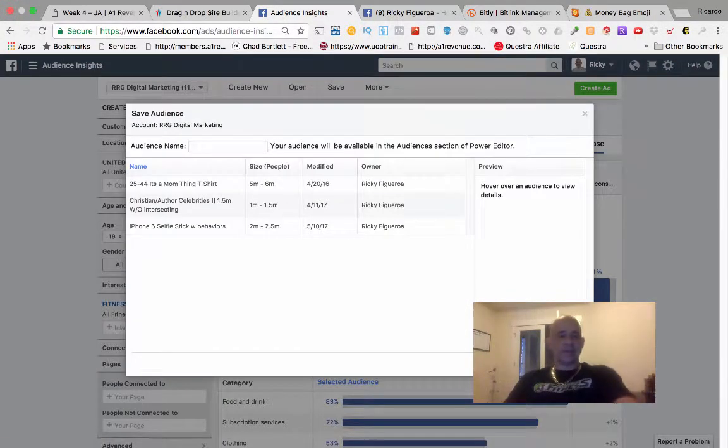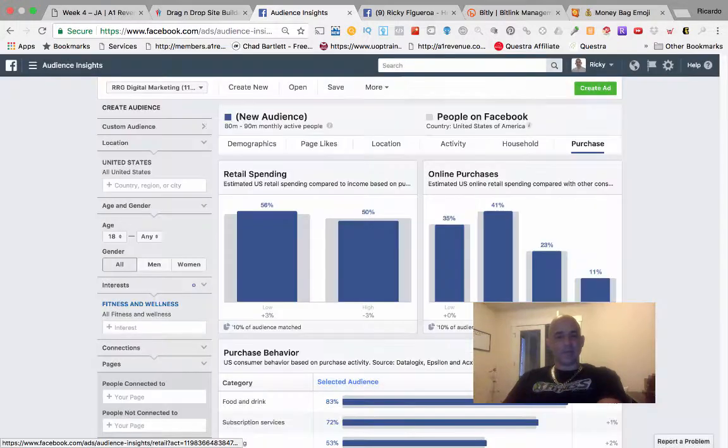Just save it and say, hey, save weight loss audience, whatever you want to put, and then click the save button, and it will be saved. Now, when we create the ad, I'm going to show you how to open that audience and get it. I'm not going to save it, to be honest with you, but I'm going to show you how to open that custom audience or a different one, just to show you how it is.